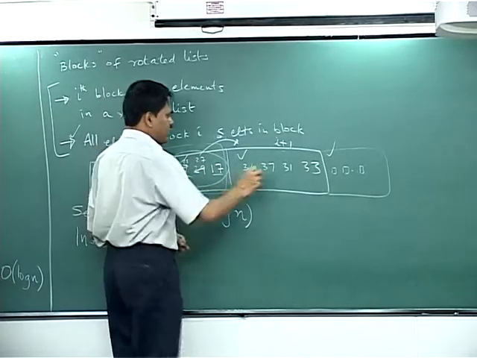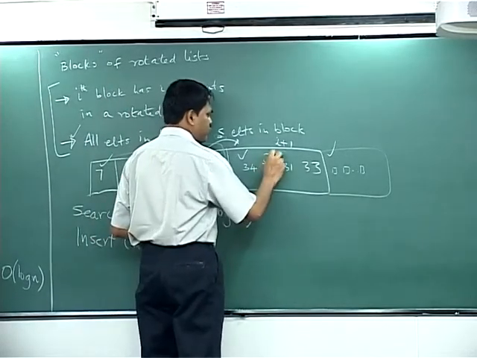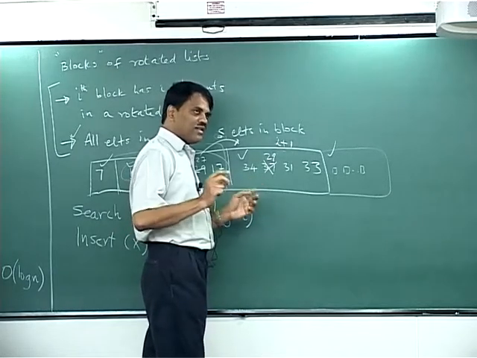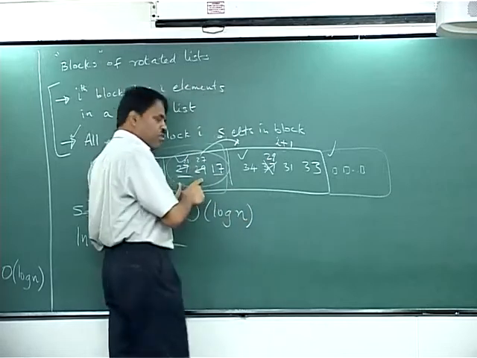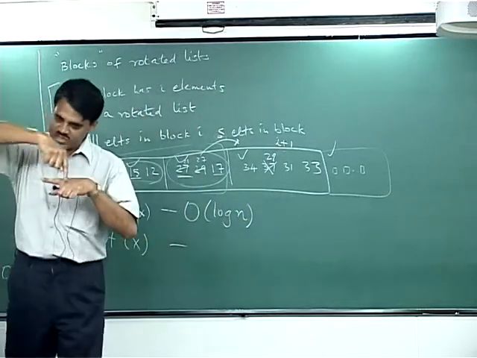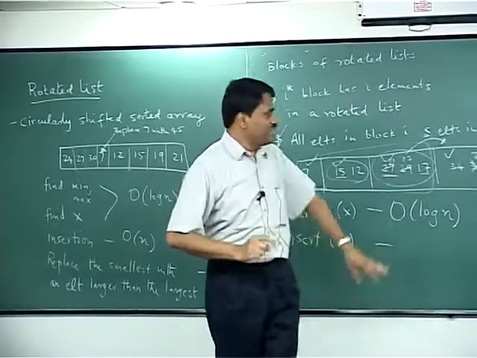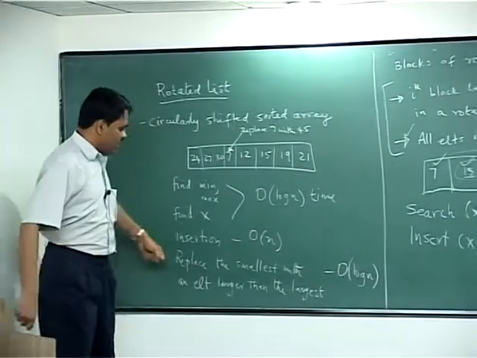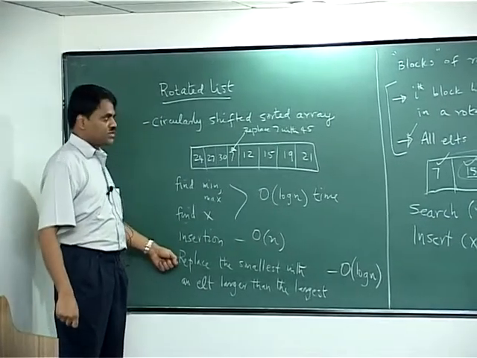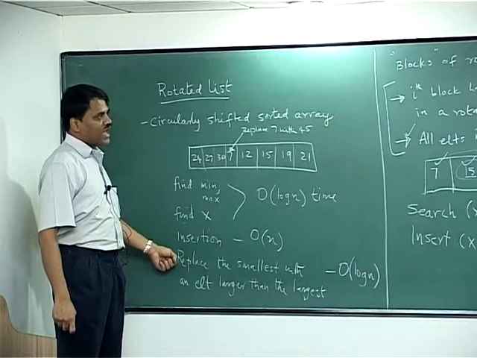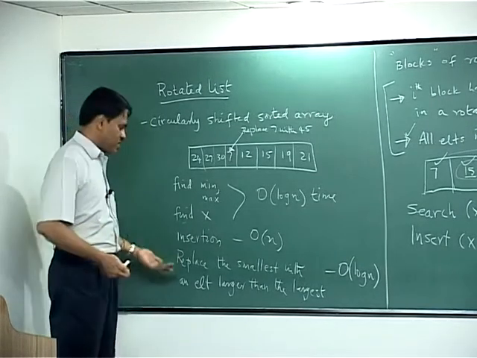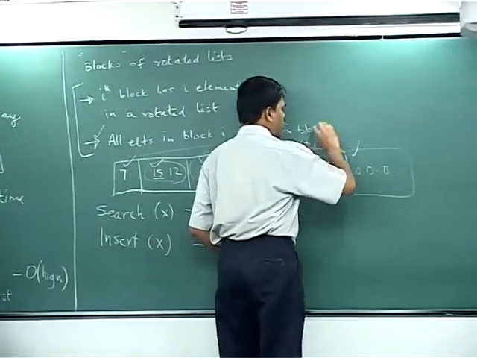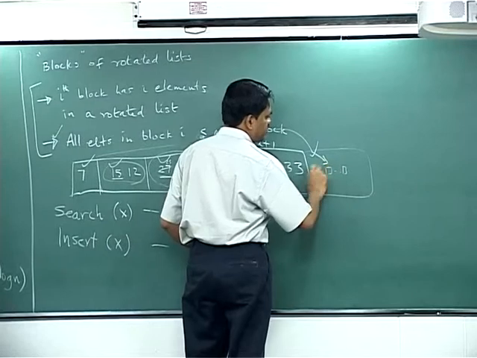Take the max element from here, which is 37, and I can place 29 here, right? So, pay attention to the insertions happening in each block. In this block, I am actually inserting it in its right position and moving everybody. But in this block, I am not doing a lot of moves. I am exploiting the fact that I am replacing the largest with an element smaller than the smallest, or the other way. Both are symmetric. That I can just do it very fast. So then I bump 37 out and place it wherever I should place it here.